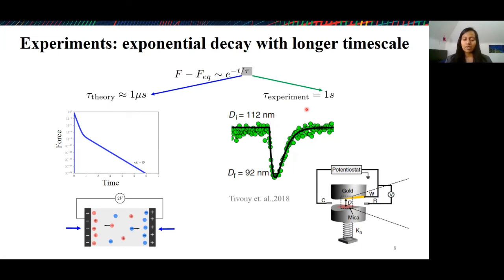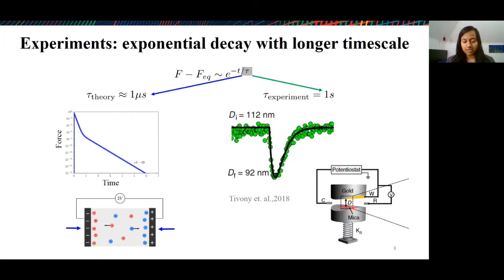I just want to take a minute to put forth some of the reasons for this. Again, we consider a model electrochemical cell, and the main difference between our system and the experimental system is that in our cell, we consider one-dimensional transport just between these two electrodes, and the ion transport is only perpendicular to the electrodes.